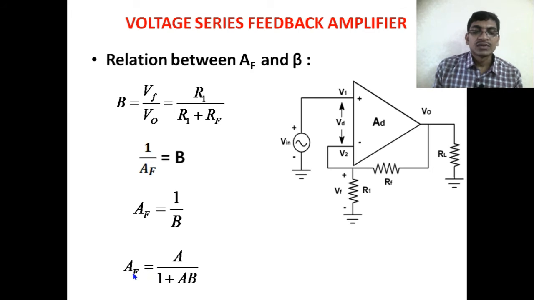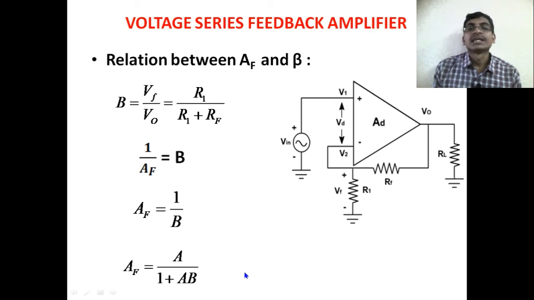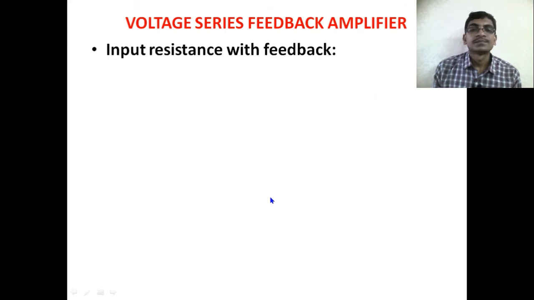Therefore we can write the closed loop voltage gain of our voltage series feedback amplifier as A by 1 plus A beta. In any case, the closed loop gain AF is equal to A by 1 plus A beta. This is the relationship between the closed loop gain and the feedback factor beta.